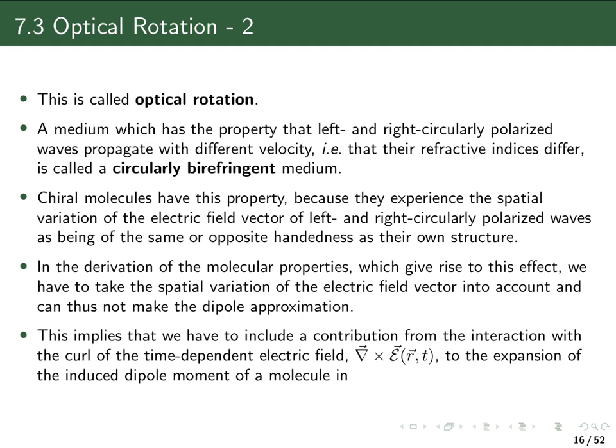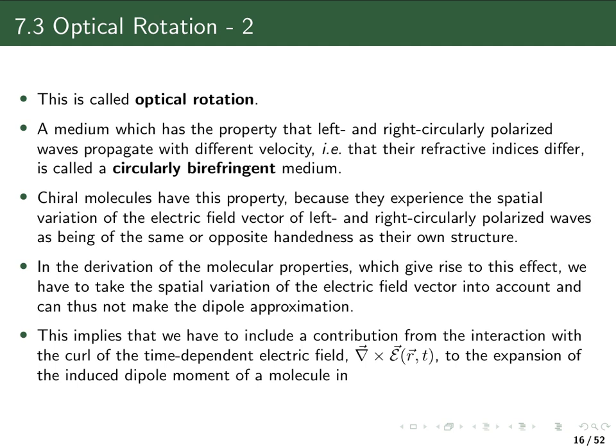Now, if you want to derive the molecular property which describes this effect, then we cannot use the dipole approximation any longer, because in the dipole approximation we assume that the electric field is uniform over the extent of the molecule.